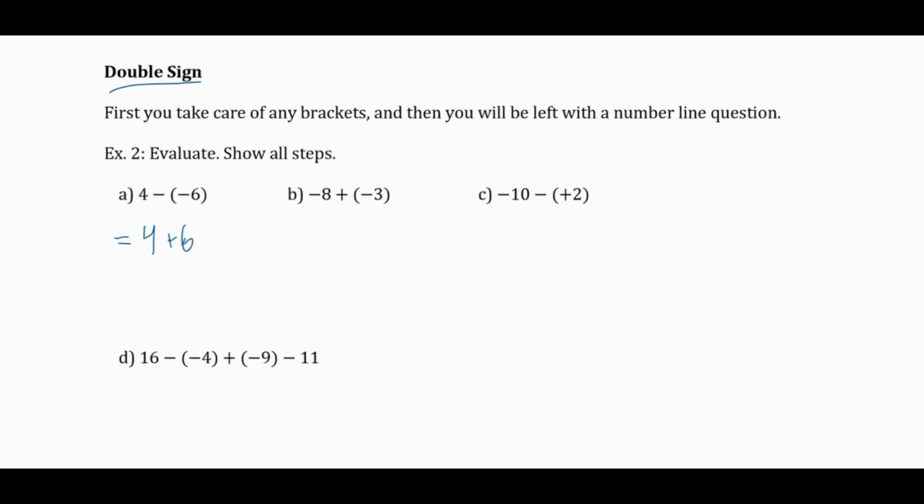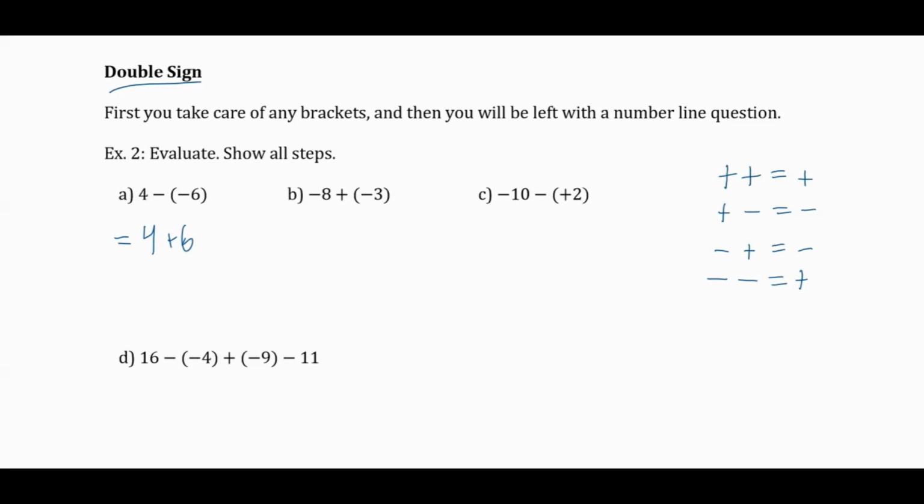Two positives makes a positive. Two negatives, we already talked about, makes a positive. Positive and negative, and negative and positive, makes a negative. So this is the same rule.